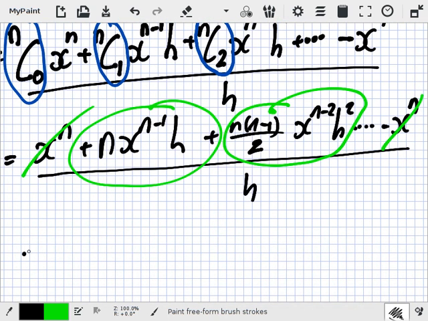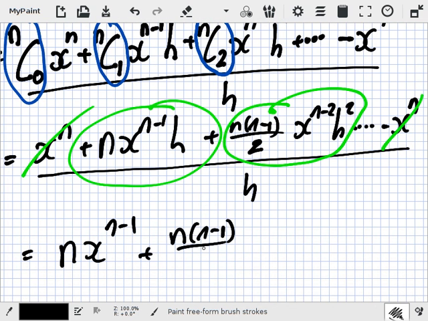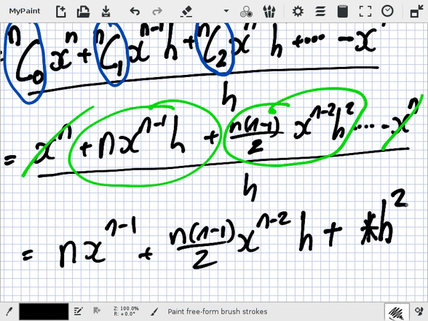So the first part becomes n Xn minus 1, h over h, gone. The next one will become n minus 1 over 2, Xn minus 2, and h squared over h, h. And the next guy, we don't know what it is, but what will it have? It will have an h squared, and the next one will have an h cubed.